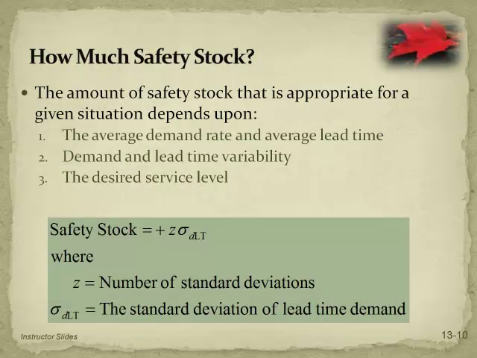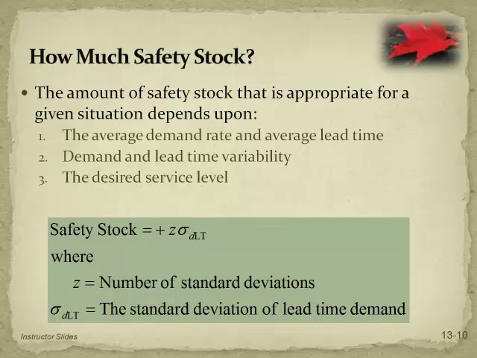Now, the other method of determining safety stock is to use the concept of service level. So in this example, the safety stock is not a fixed value, but is determined by statistics.